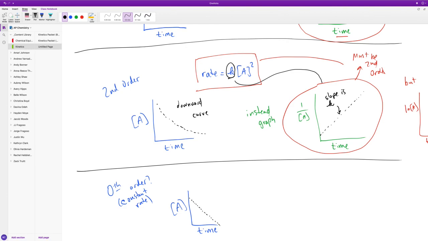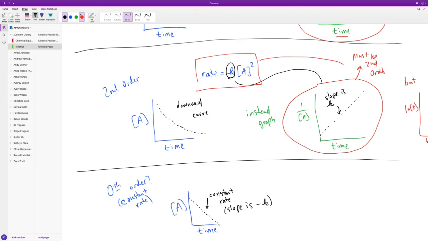All right, so the rate is not changing, constant rate. And so the slope of this line is k. And now technically, since it's decreasing, it's negative k, okay? But all we have to do is graph A versus time, and we've already got a linear graph.